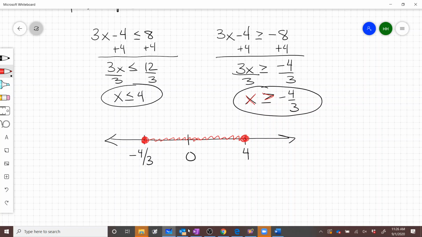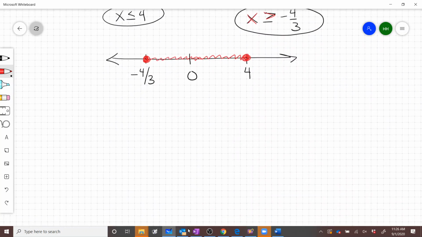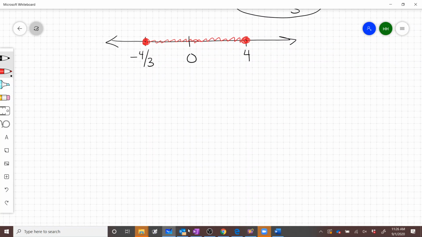Alright, let's do an example of a greater than. Let's take a look at absolute value of 2x plus 4 greater than or equal to 6.